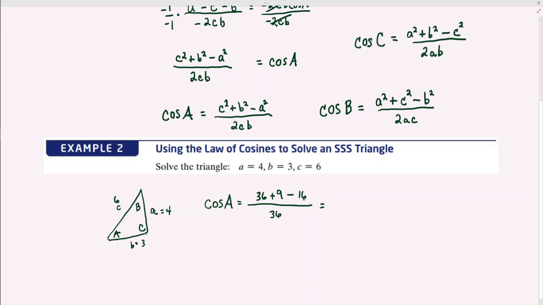Okay, so simplifying this result, we've got 29 on top, over 36 on the bottom.